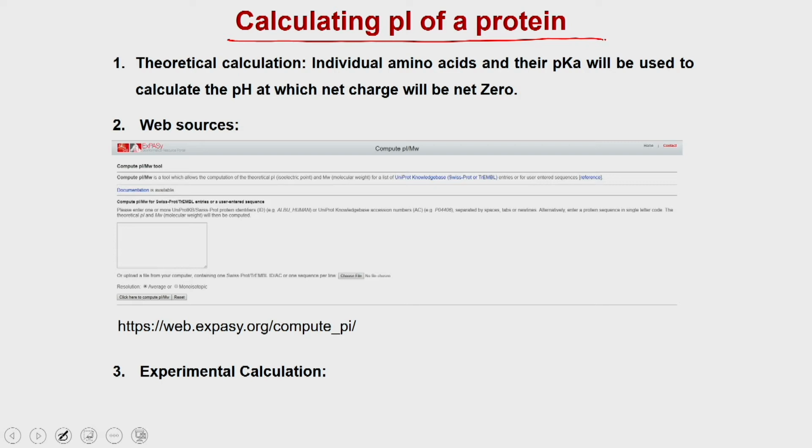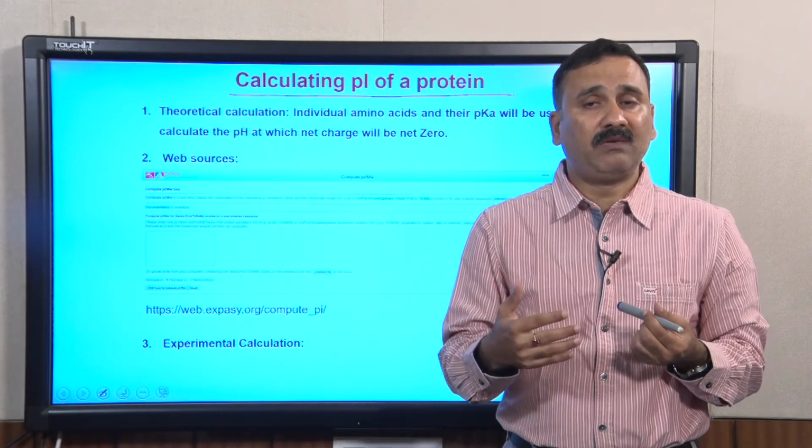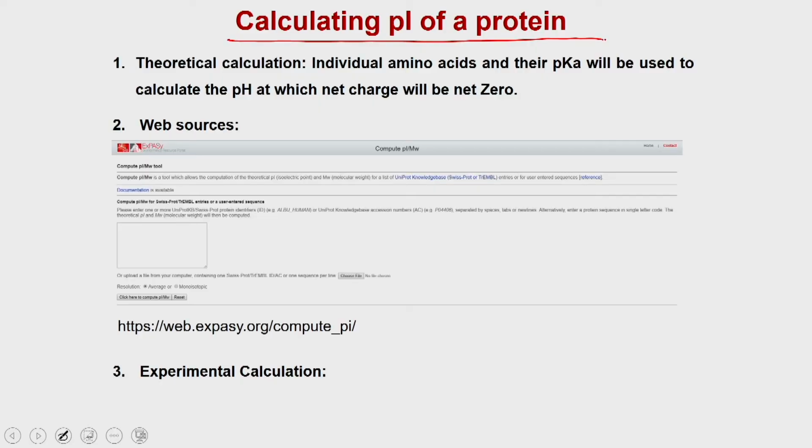Before the genomic era started, when people did not have the sequence information of a particular protein, both the amino acid sequence and the gene sequence, people went with trial and error methods when trying to use anion exchange chromatography. Suppose they use cation exchange chromatography and load the lysate.